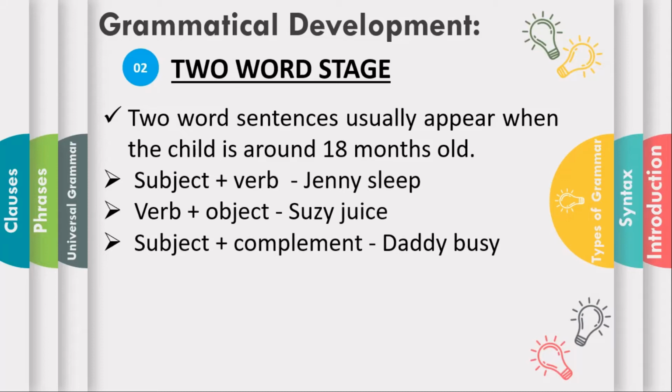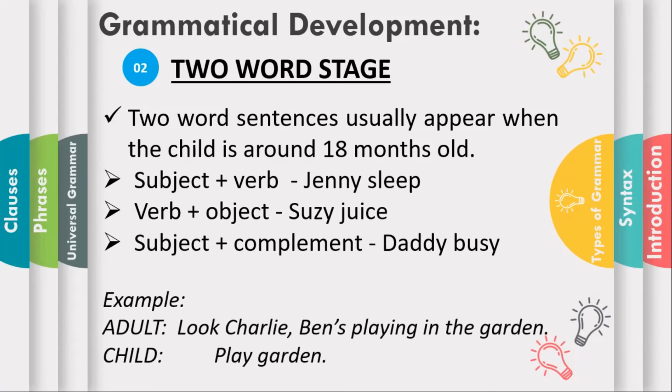Also, in this stage, when a child tries to repeat what an adult has said, it will miss out part of the sentence, but what is retained is usually grammatically correct. Just this example.